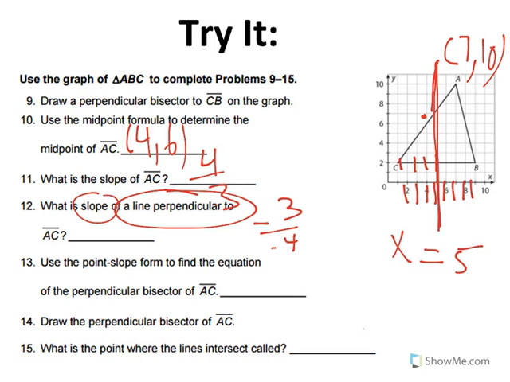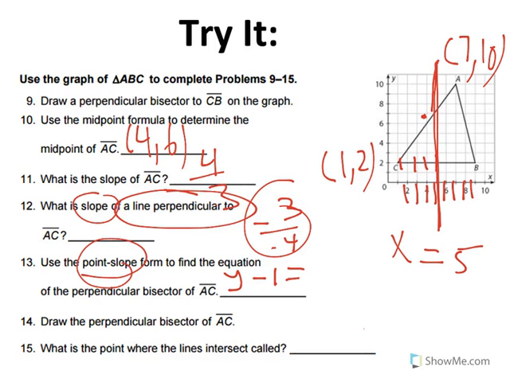Okay, and then for number 13, use the point-slope form to find the equation of the perpendicular bisector of AC. So we have a slope, so let's pick a point. So we say that C, we have a point of (1, 2). So we're looking for point-slope form. So the equation is y minus 2 equal to negative 3 over 4 times x minus 1.